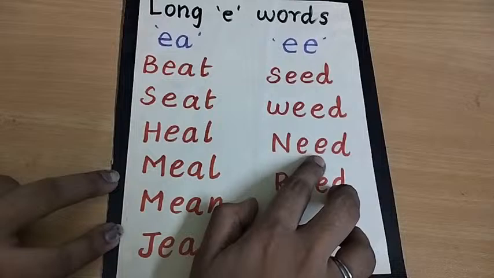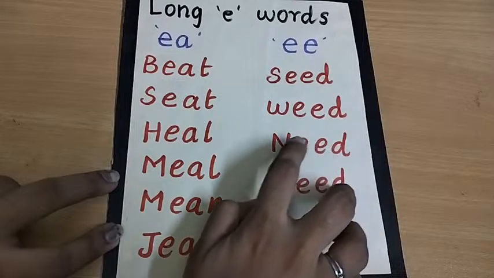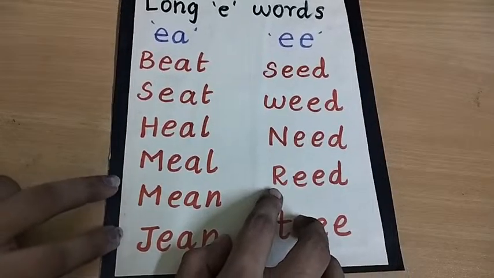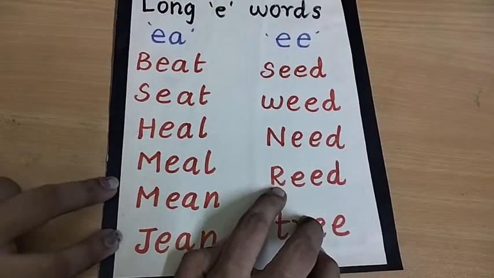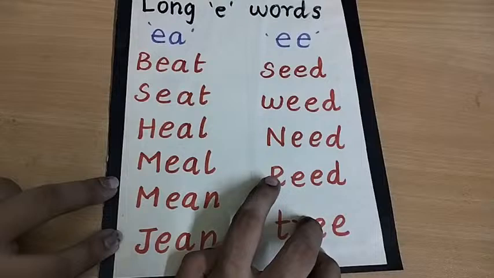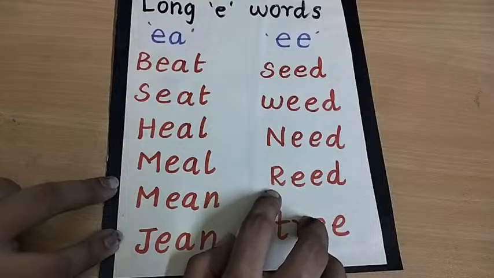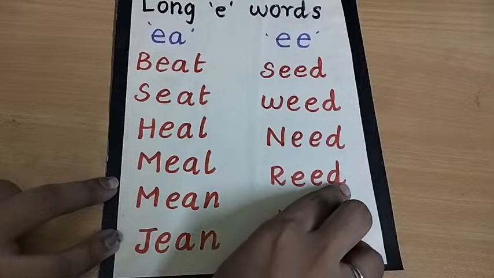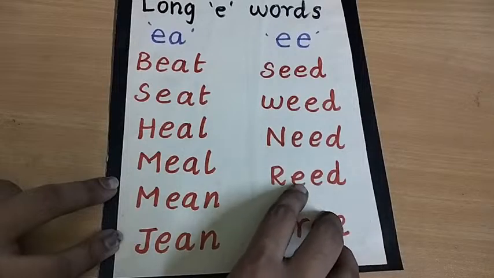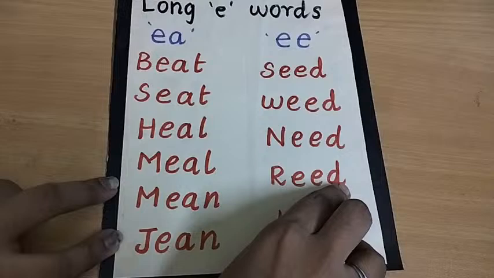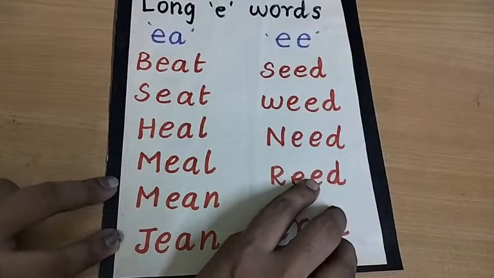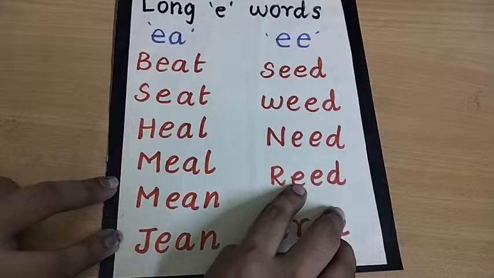N, E, D. Need. I'll come to the next word. The sound of letter R is R. E, D. Read. R, E, D. Read. So it is a long sound of the first vowel E.